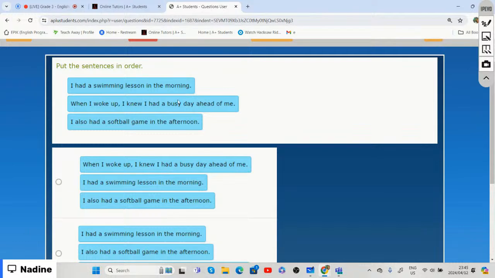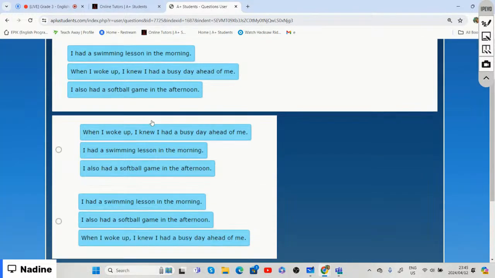All right, so if we look at trying to put this in order, then we can start with when I woke up, I knew I had a busy day ahead of me, because you know that's the first thing you did in the morning, right? Then I had a swimming lesson in the morning. You first go to the swimming lesson. And then I had a softball game in the afternoon, right?